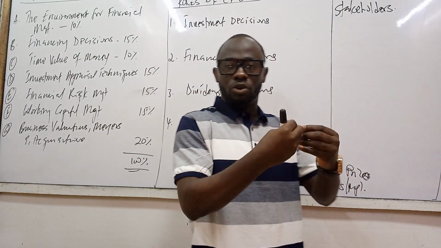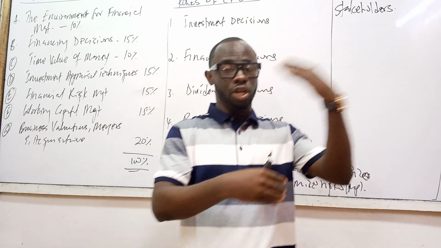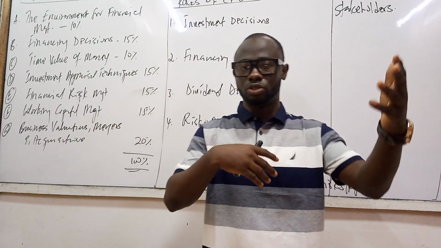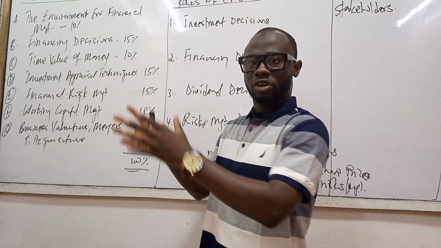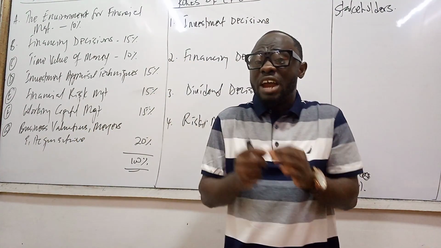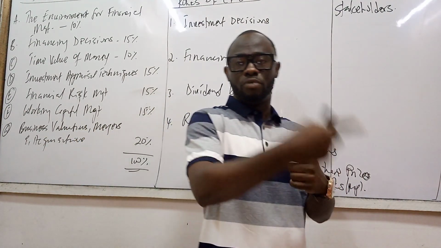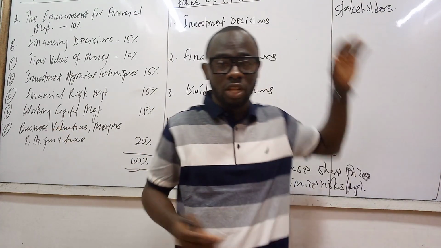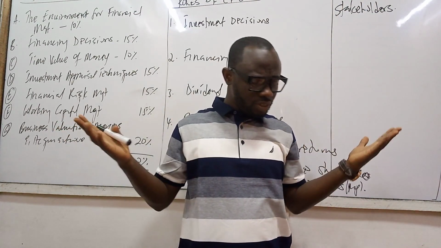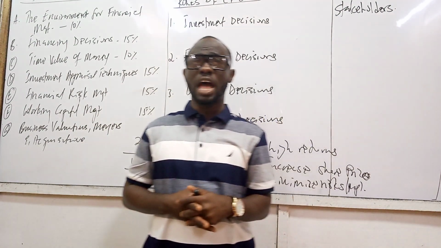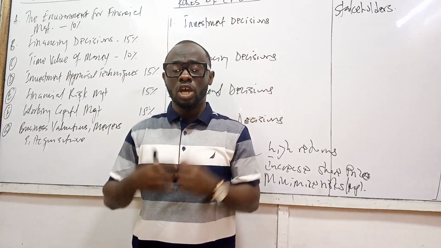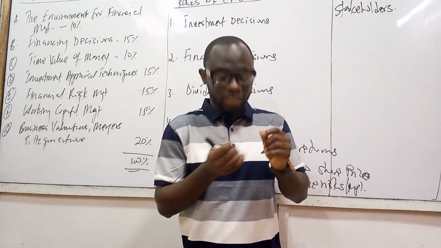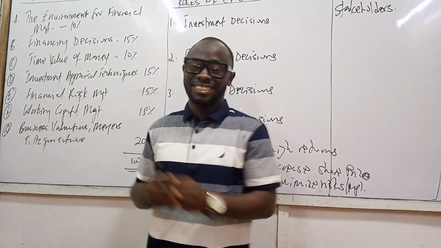When we say stakeholders of an entity, we are referring to individuals, corporate bodies, institutions who are interested in the activities or operations of an organization and are affected directly or indirectly by them. These are stakeholders. Now, depending on the school of thought that you have, we have internal stakeholders, external stakeholders. We have internal stakeholders, connected stakeholders, and then external stakeholders.